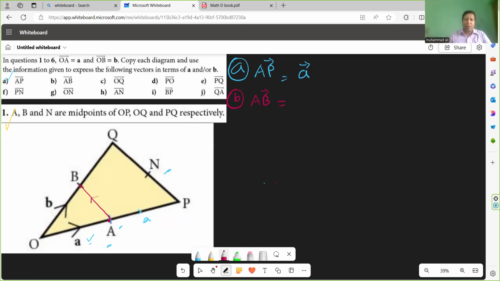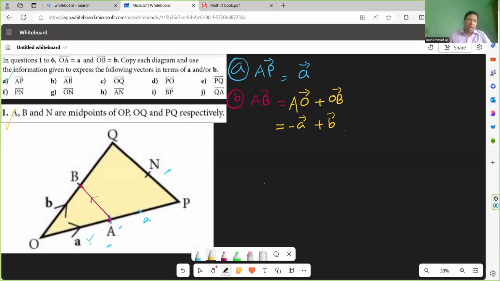So AB vector equals, we can write AO vector plus OB vector. AO equals A vector but the direction is opposite, that's why it will be minus A vector. OB equals B. So we can find AB vector equals minus A plus B vector.